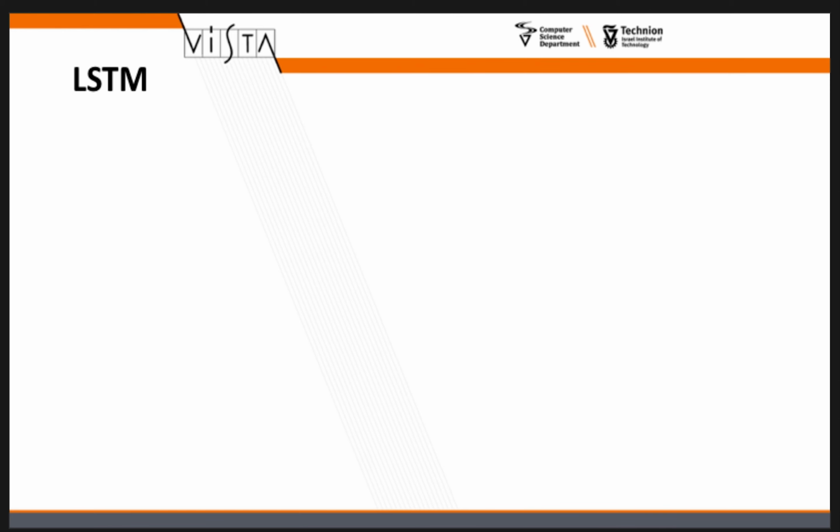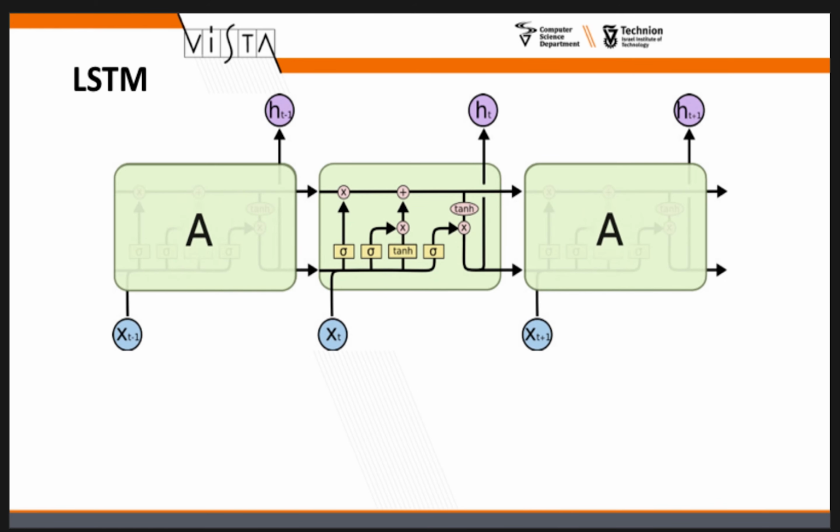So let's start talking about LSTM. This is the cell. In the cell we have input X and we have two outputs. We have the current state, and we have h t minus 1.